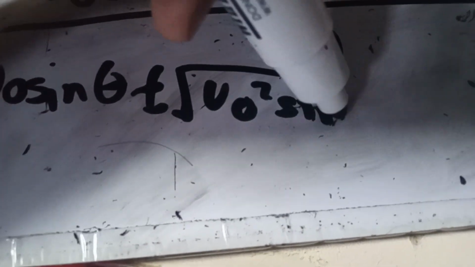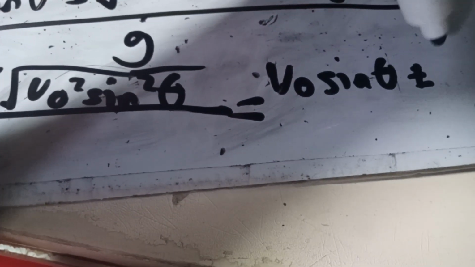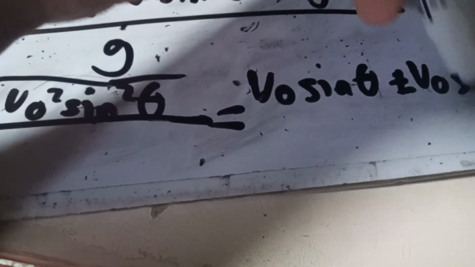So it will become v naught sine theta plus or minus the square root of v naught squared sine squared theta over g. And notice that the square root will just cancel. So it is v naught sine theta plus or minus v naught sine theta.